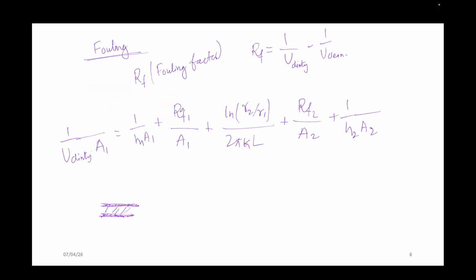I am drawing a heat exchanger. Say any type of heat exchanger I am drawing. This is a heat exchanger, right? So the question is, the equation that I have already written earlier, how can I apply this equation?